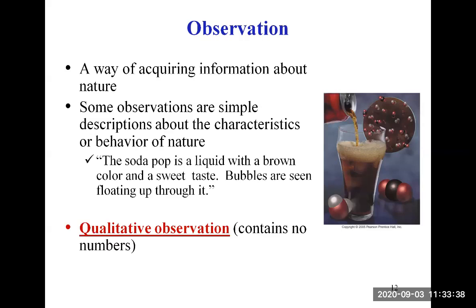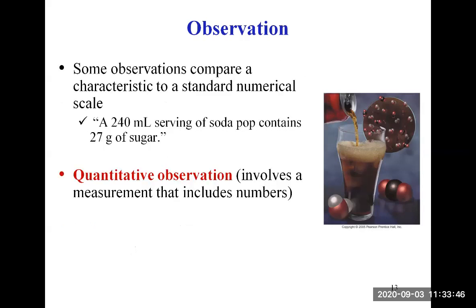This would be classified as a qualitative observation because it contains no number, just words. But observations can also be quantitative, because you could look at the nutrition facts on the soda can and observe that a 240 milliliter serving of soda pop contains 27 grams of sugar.